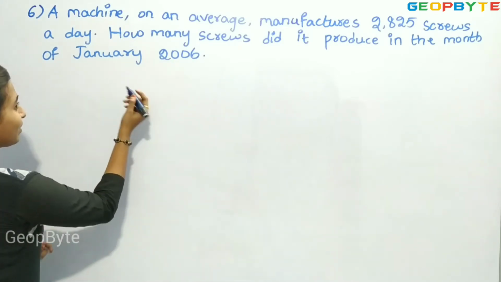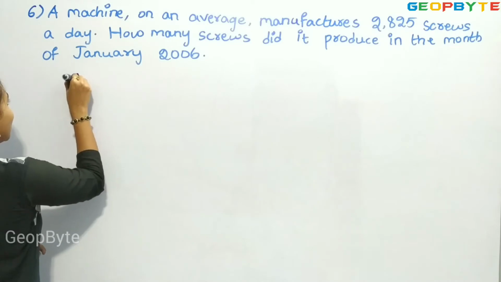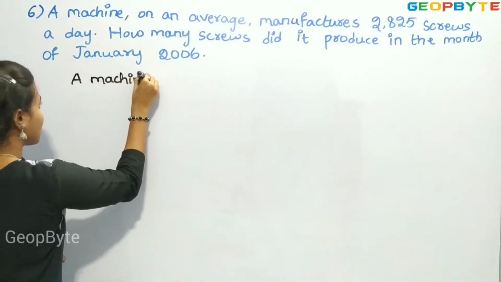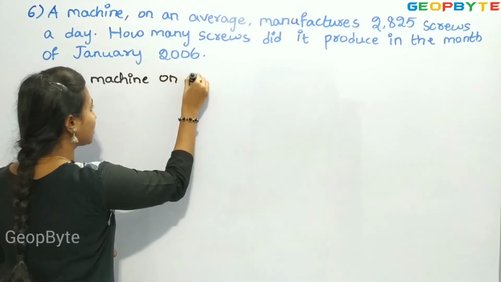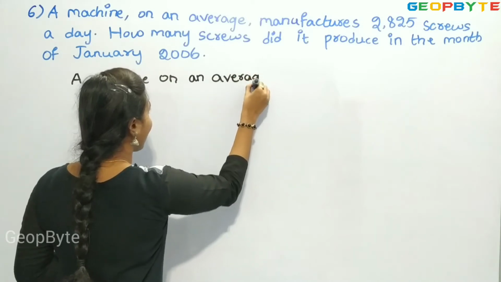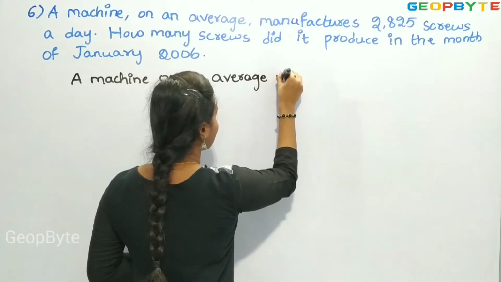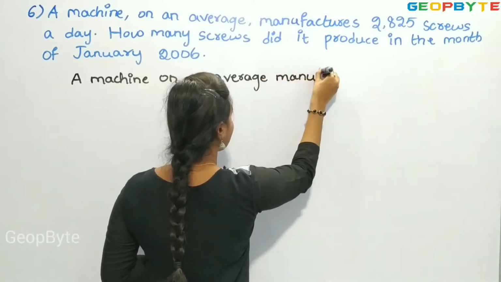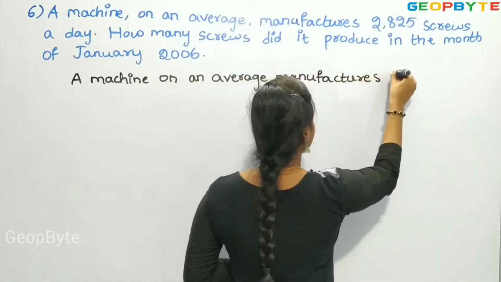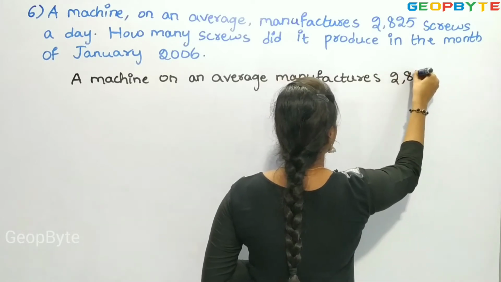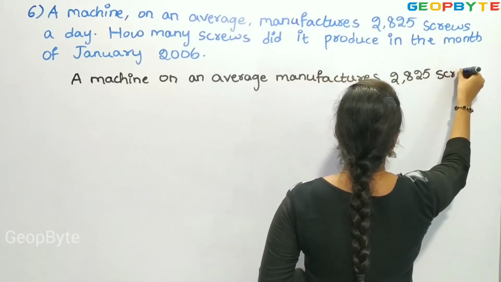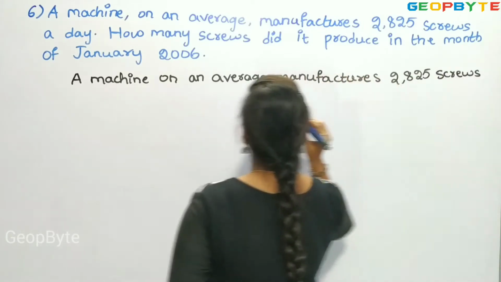First, let us write the given data. A machine on an average manufactures 2,825 screws a day.